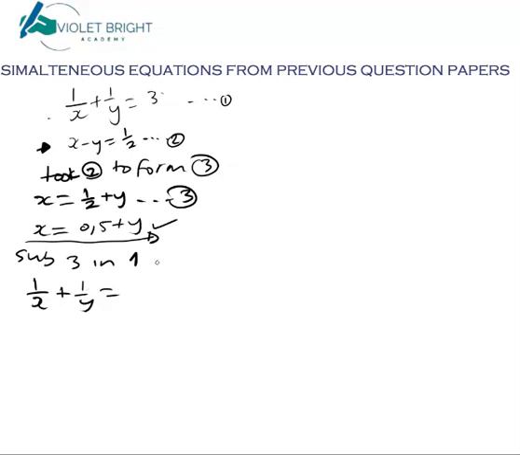Now we substitute our x. In the place of x, we put 0,5 plus y. So it's 1 over 0,5 plus y, plus 1 over y, equals 3.